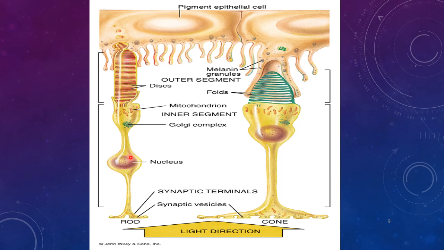So this inner segment is connected to the perikaryon or the neuronal cell body through a stalk-like structure that is known as the outer rod fiber.